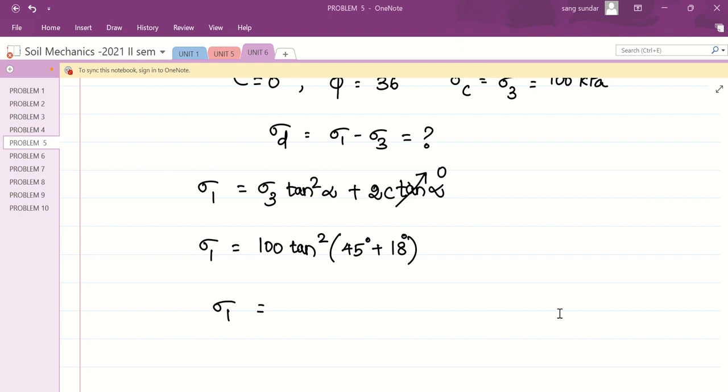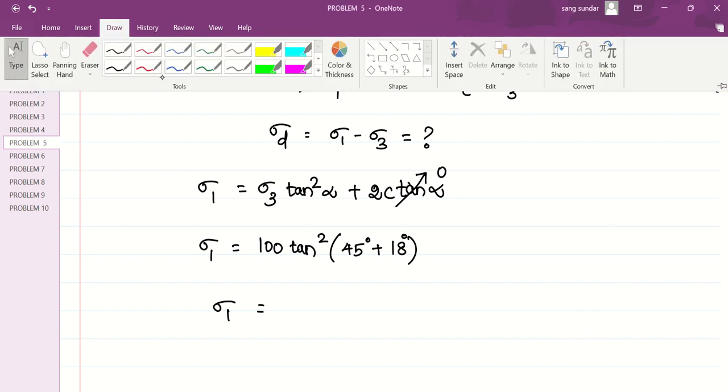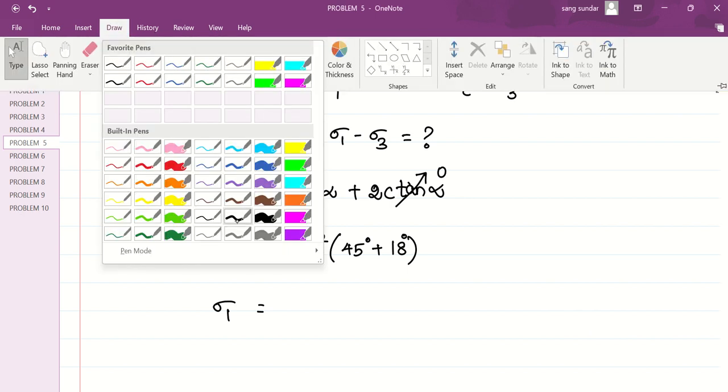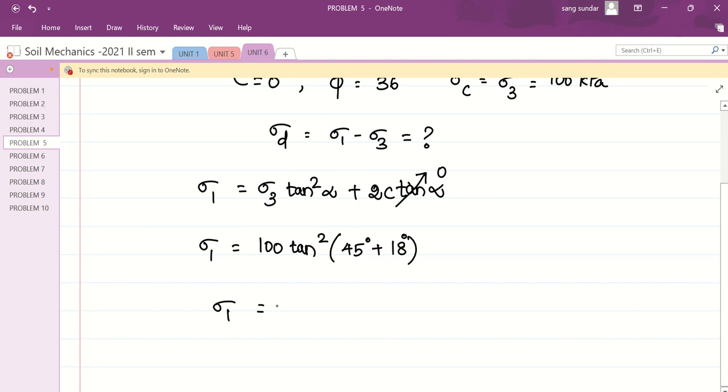So we will get our answer as 385.18 kPa.